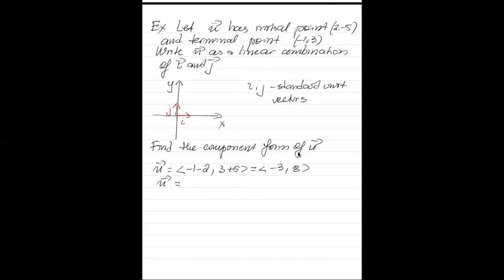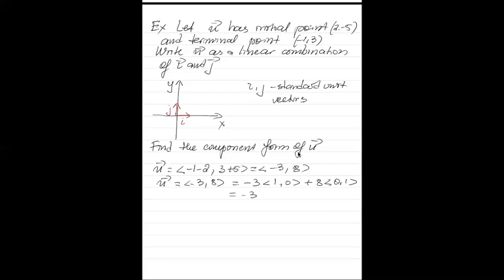So let's start with U being negative 3 and 8. And I can write this down as negative 3, pull it out, and here inside 1, 0, plus 8, pull it out, 0, 1. So if you check this backwards, multiply negative 3 times the components, 8 times the components, add them up, you'll get negative 3, 8.